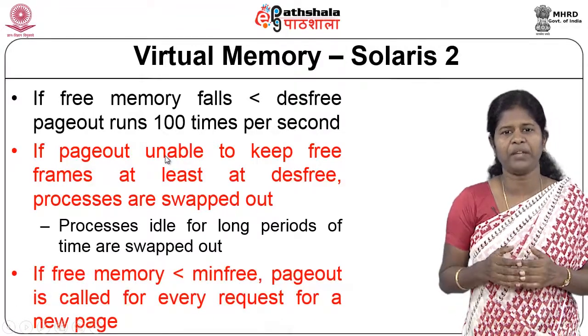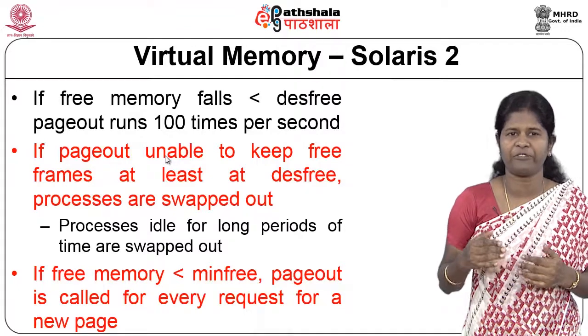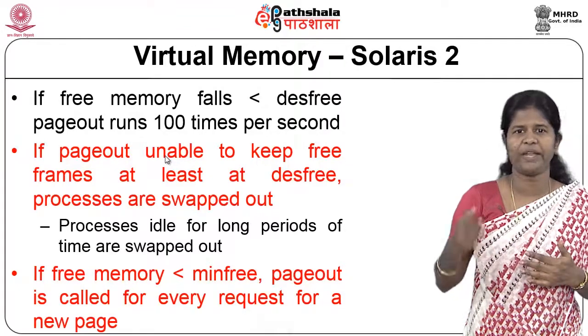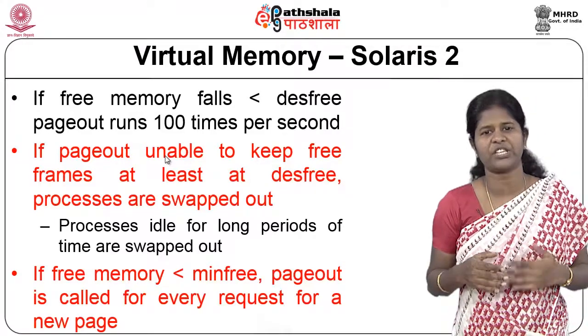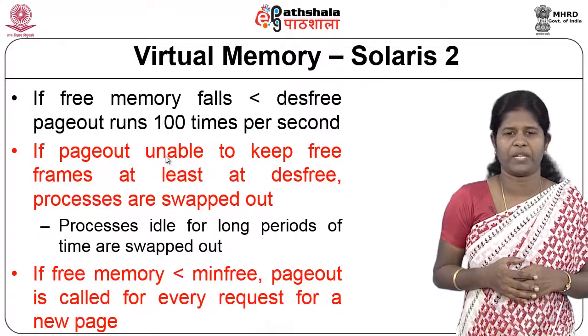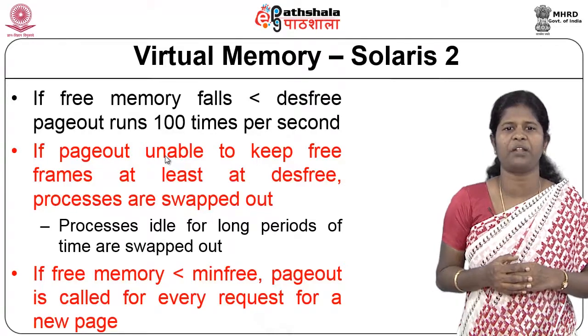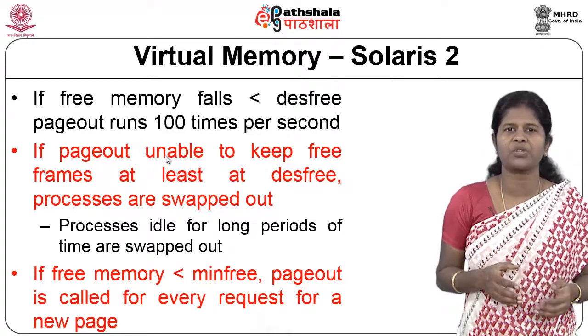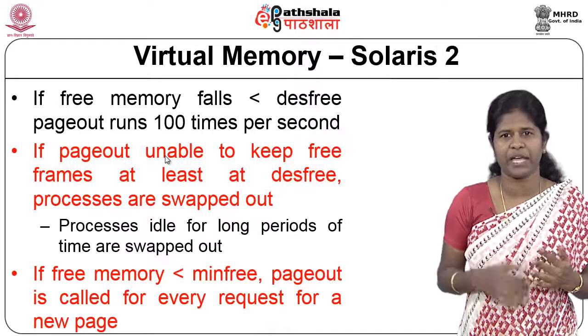And if the free memory now falls below minfree, which has a value even less than desfree, then pageout is called for each and every request of a new page. So, depending on how many free frames are available, Solaris 2 acts accordingly. It has 3 parameters: lotsfree, desfree and minfree.